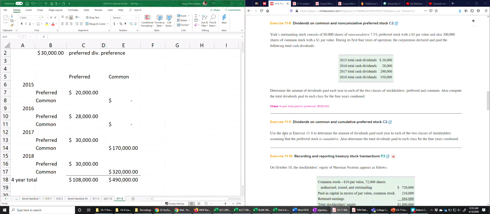Use the data in exercise 11-8 to determine the amount of dividends paid each year to each of the 2 classes of stockholders, assuming that the preferred stock is cumulative. Also determine total dividends paid to each class for the 4 years combined. So it's the same problem, we're changing non-cumulative to cumulative.